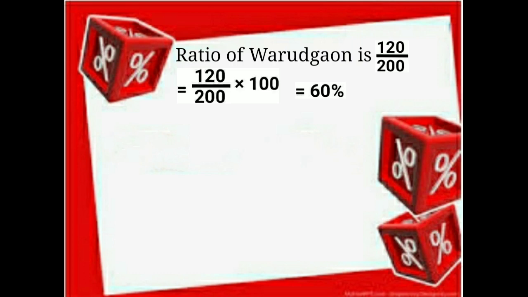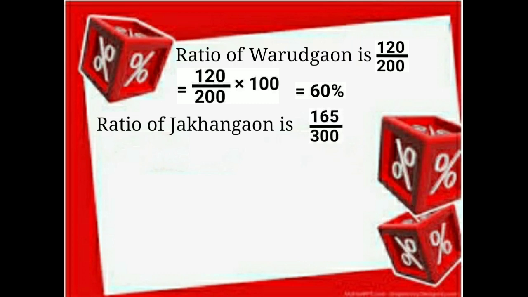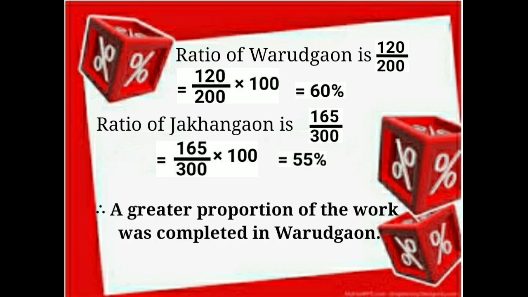In Jakhangaon village, the ratio of the number of ponds completed to the number of ponds planned is 165 upon 300, which when multiplied by 100 gives us the answer 55%, which when compared we clearly can say that a greater proportion of the work was completed in Varudgaon village. Let's now have a look at the third example.